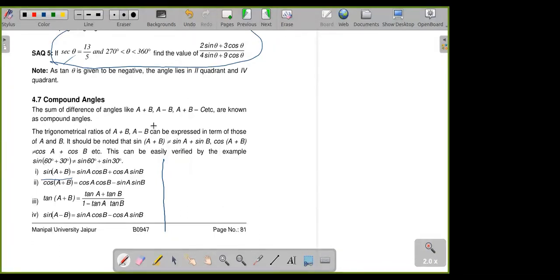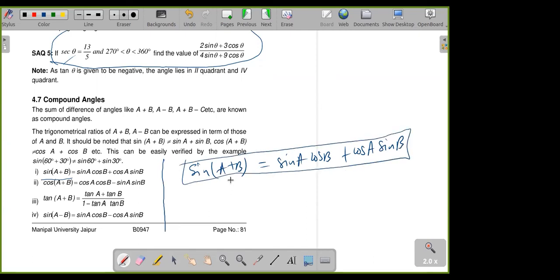Okay, so sine A plus B is equal to sine A cos B plus cos A sine B. So this is the formula for sine A plus B. If you want it for minus, just replace the plus with a minus sign.